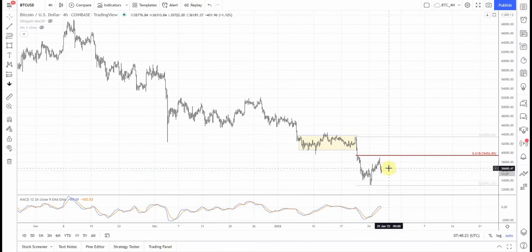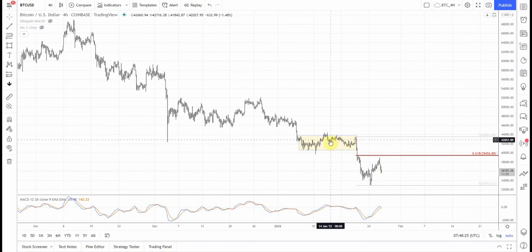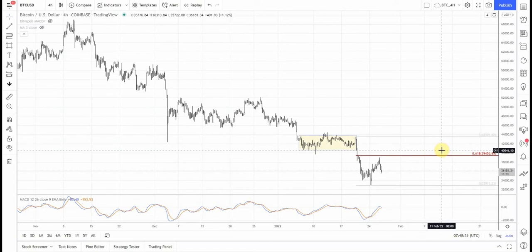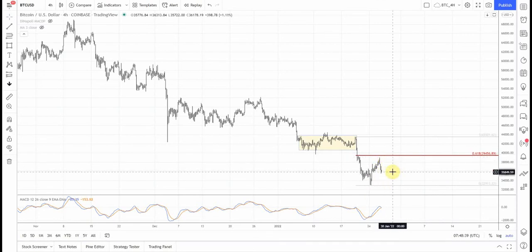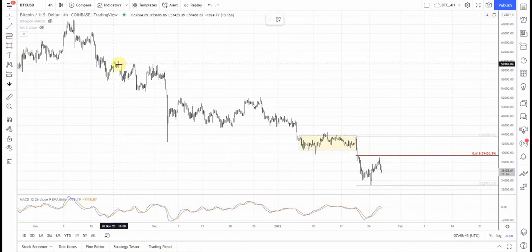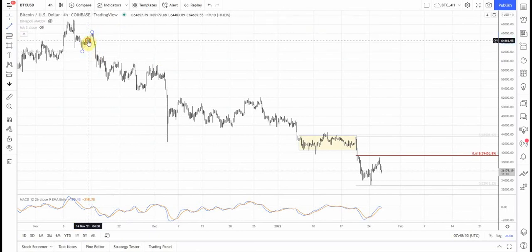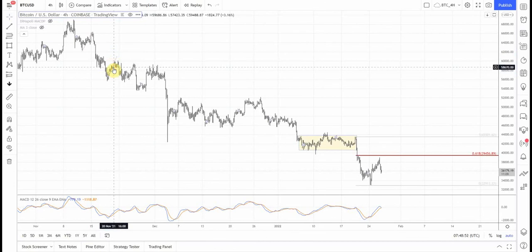If we see a return back at least into this consolidation, that will give us the first signal that maybe something is ready to change. But currently, with just this 618 pullback, I don't see any reasons to think that something is changing. Previously, the market already showed this type of bounce. If we take a look in general at the level of the pullbacks here, you can see that they are quite similar.